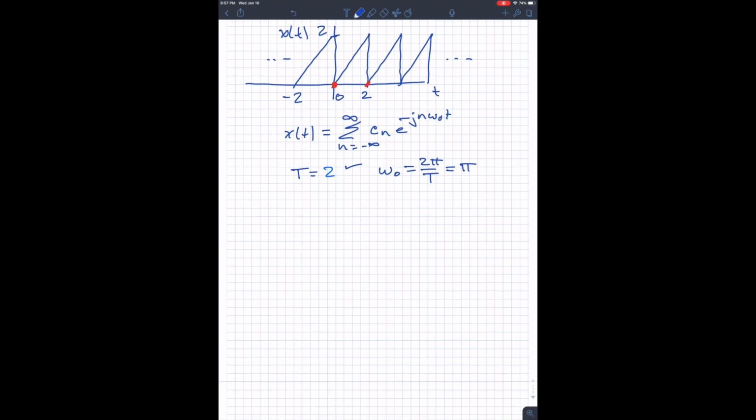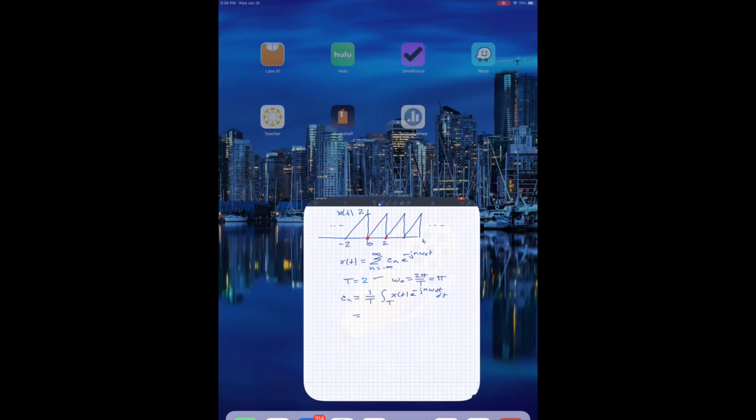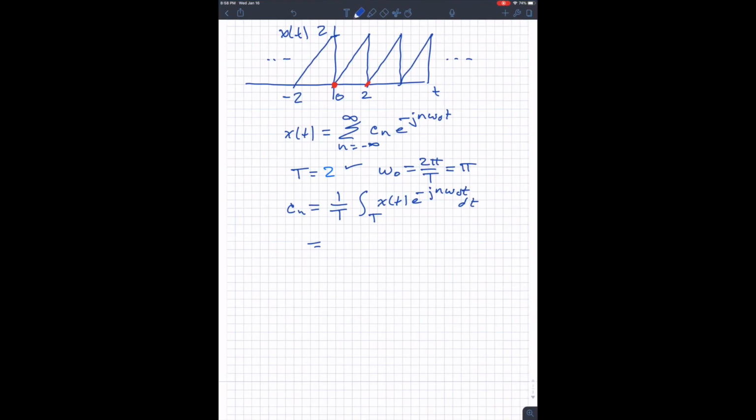Okay, from there we need the Fourier series coefficients, and so the definition of that is 1 over T, integral over any period, x of t e to the minus j n omega naught t dt. And we can talk a little bit about how to apply this.